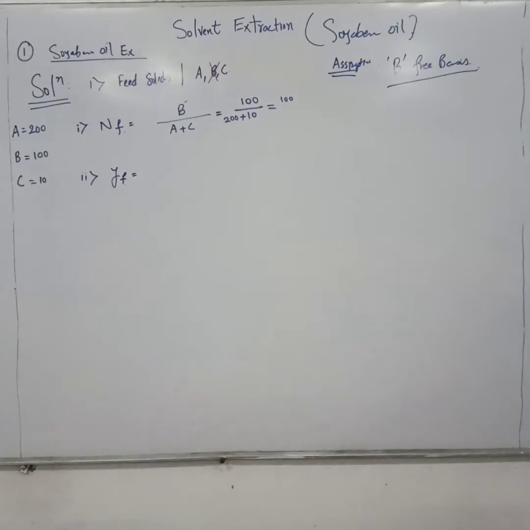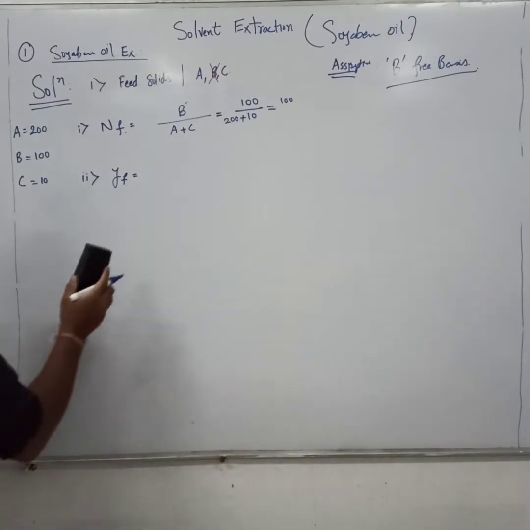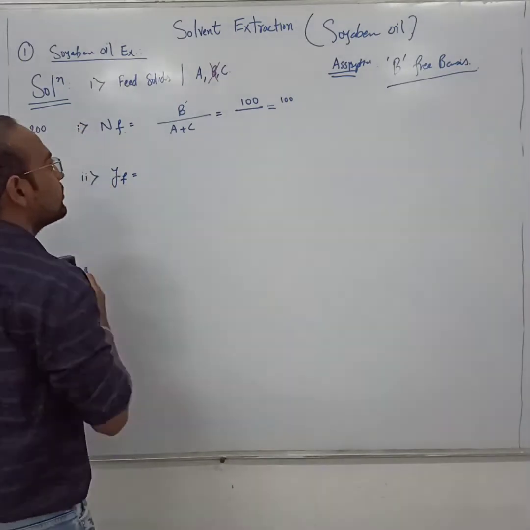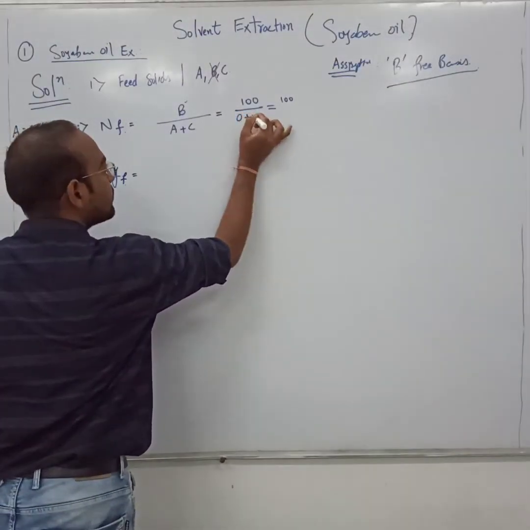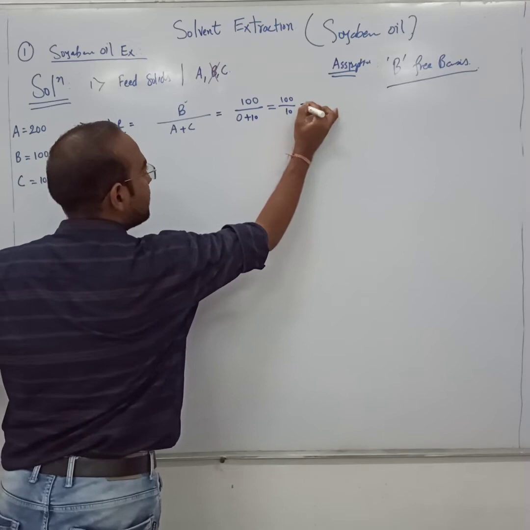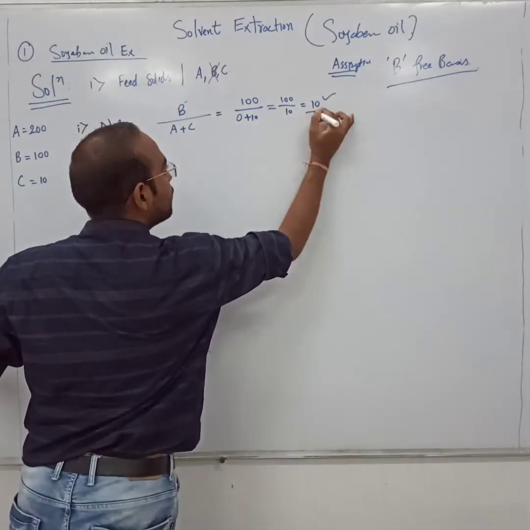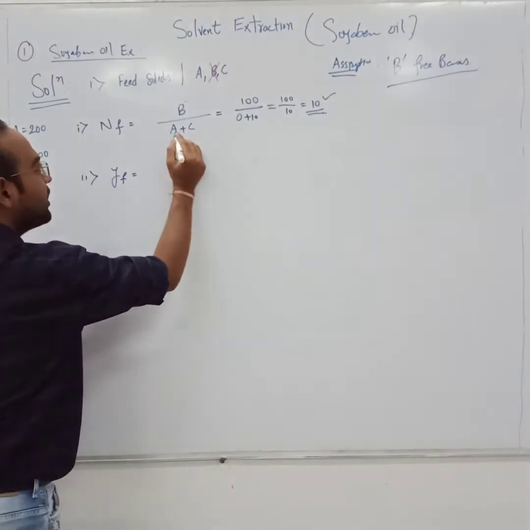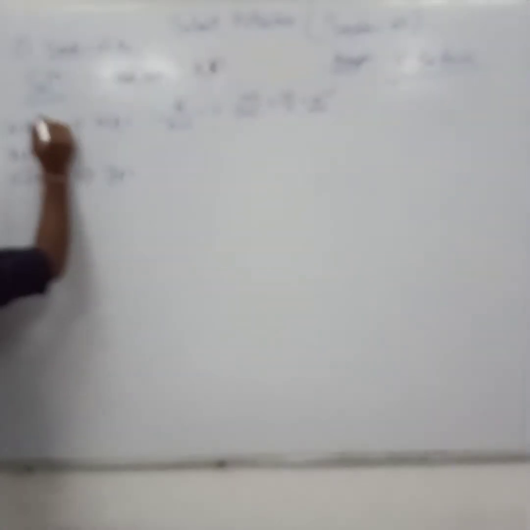There is one small change. That is 100 by 10, and 10 is the value of your NF. Why do we put 0 in terms instead of the A value, 200?